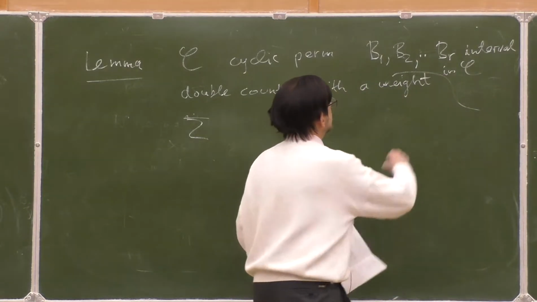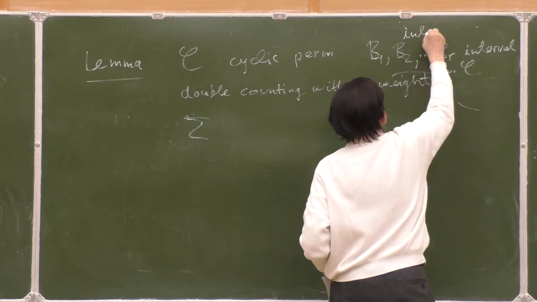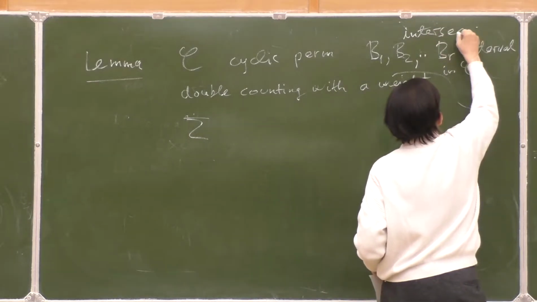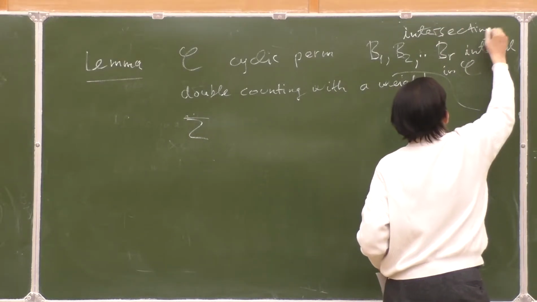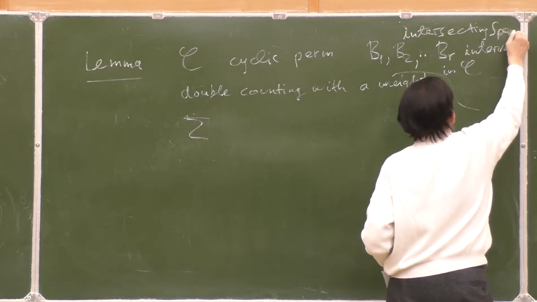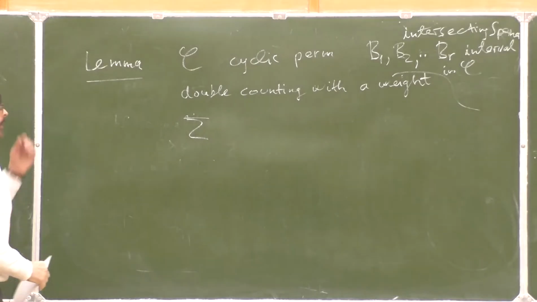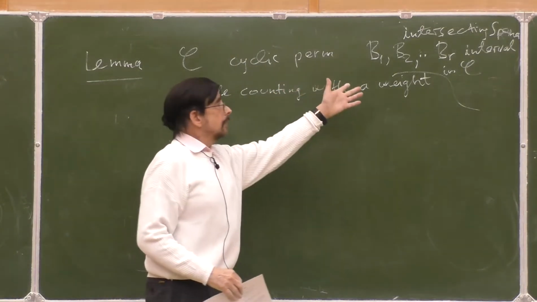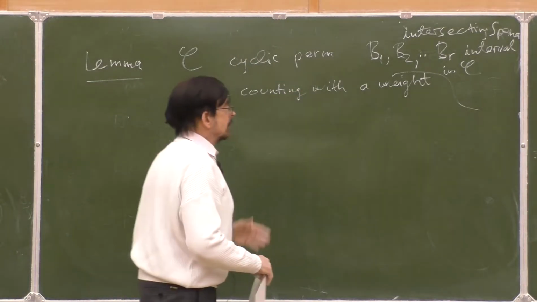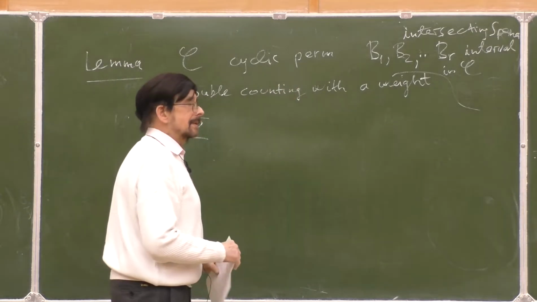It's better to write here intersecting Sperner. So the same condition as in the theorem we have for the intervals, but we need names this time.